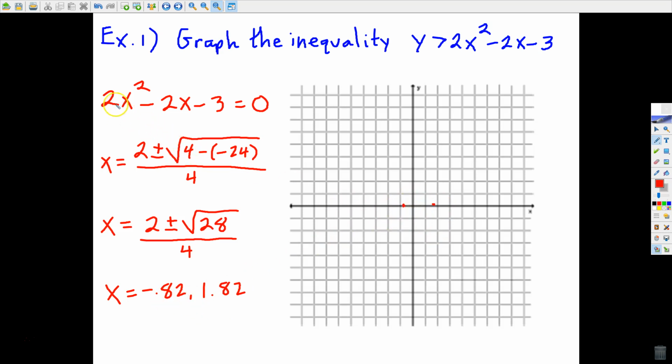Based on the fact that this lead coefficient is positive, would I conclude that the vertex would be down here or up here? Okay, it's going to open up, so the vertex has to be down here. And it's got to be halfway between these two x-intercepts. So at this point, you have a choice.